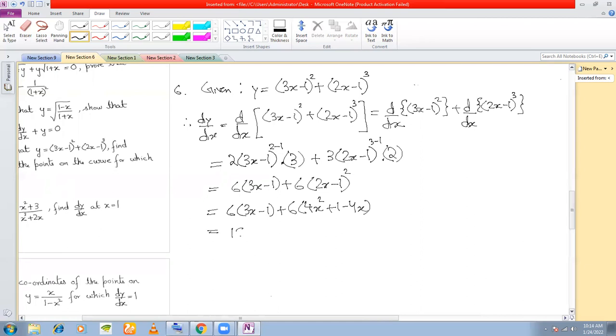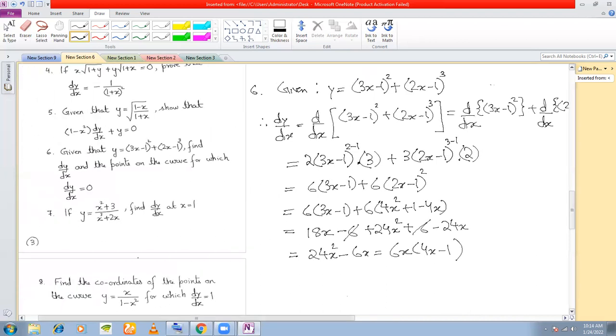So you get here 18x minus 6 plus 24x square plus 6 minus 24x, right? We get here 24x square plus 6 and minus 6 will cancel each other. So you get 24x square minus 6x, from which you can now take 6x common to get 6x into (4x minus 1). So this is the value of dy/dx after full simplification.